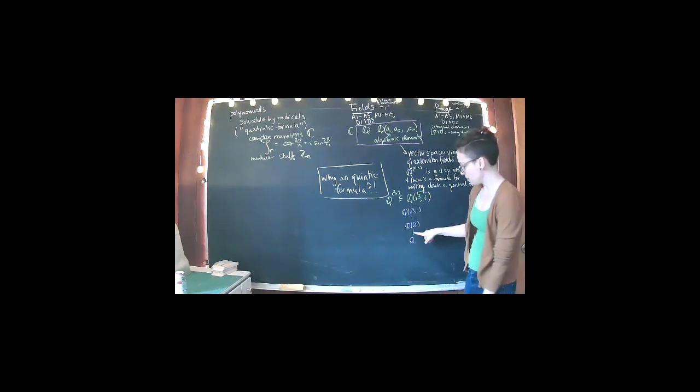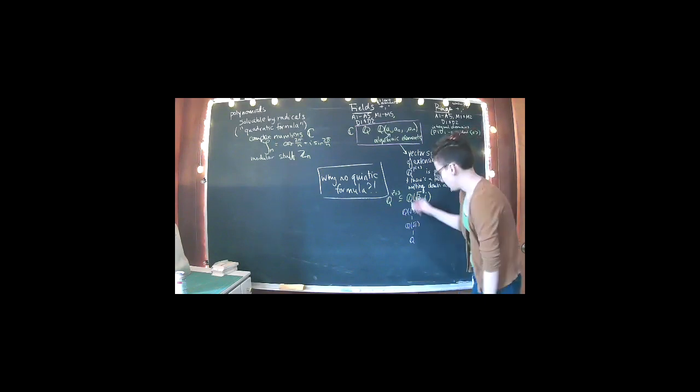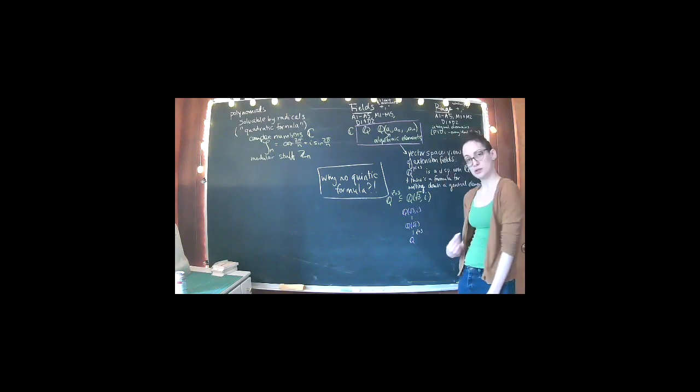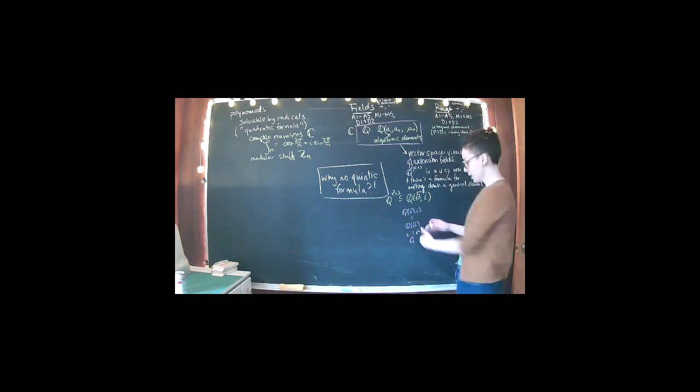So here, my minimum polynomial for Q adjoin square root of 3 over Q is the polynomial we started with. It's x squared plus 3. It's irreducible by Eisenstein's irreducibility criterion. The prime that I use is 3, and it has degree 2. So as a vector space, Q adjoin square root of 3 is a two-dimensional vector space over Q.